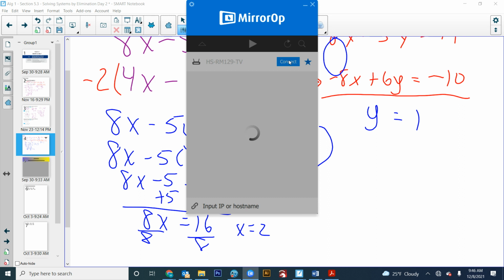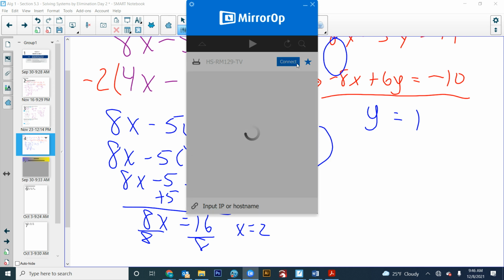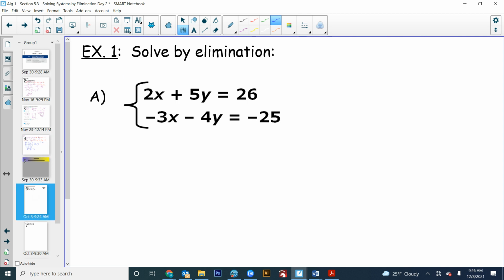Now, today what we're going to work on is we have to manipulate both equations. It's not that hard, but we have to work with both equations to set up elimination. All right? So you're just going to have to watch that screen.